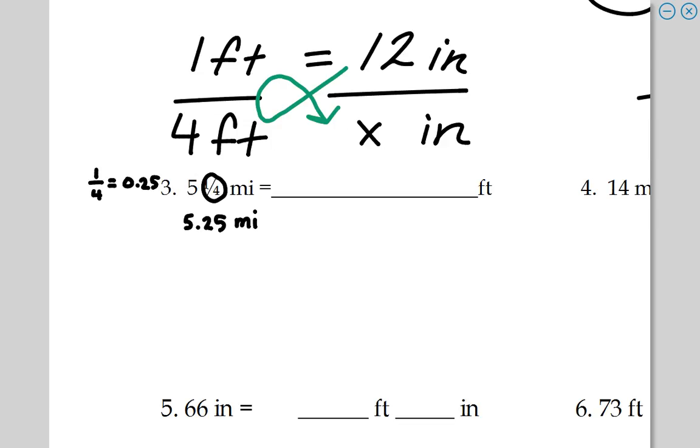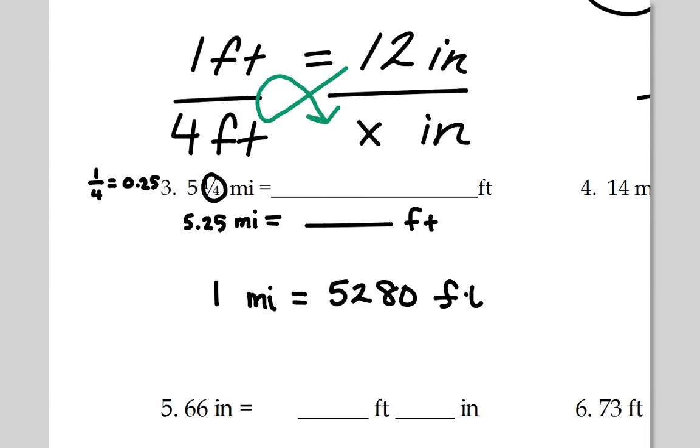So all I'm doing is converting 5.25 miles into feet. Go to my chart. What's the relationship between mile and feet? One mile is equal to 5,280 feet. Is that right? And now I have miles or feet?